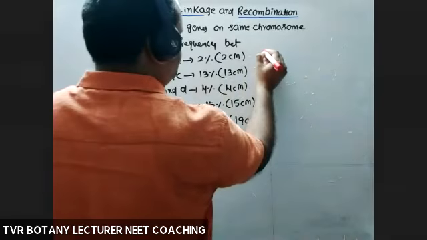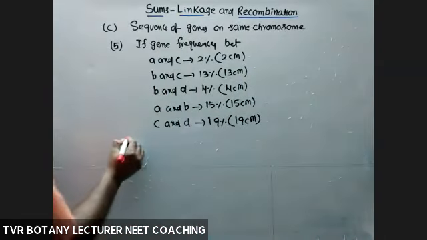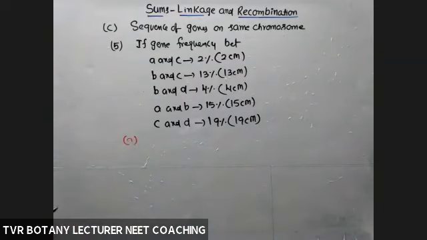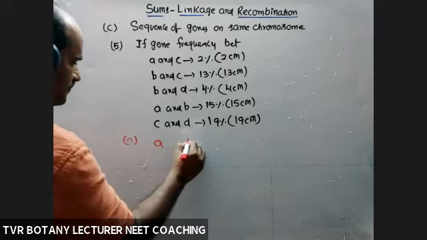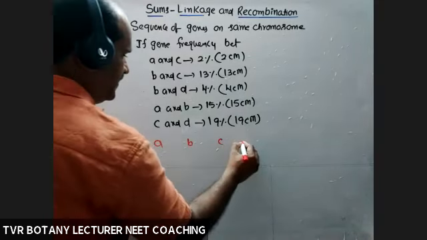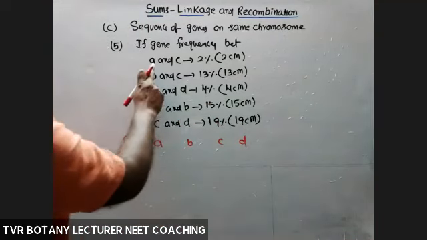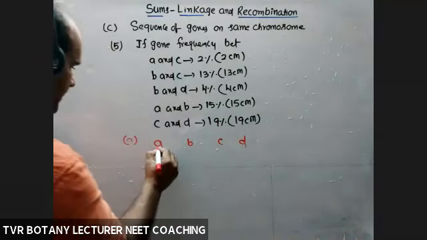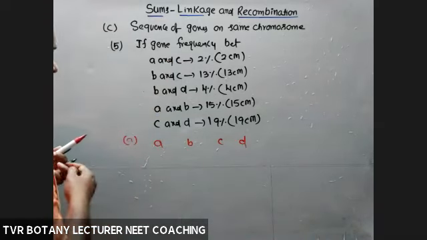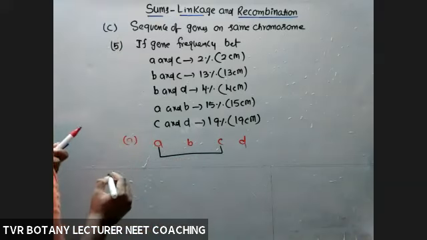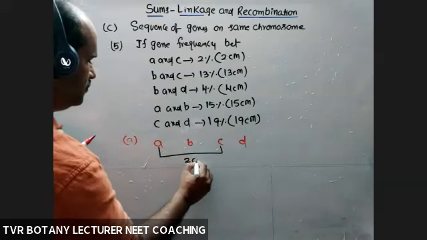First option, the correct sequence is A, B, C, D. So what about the distance between A and C in the given sequence? A and C, 2 centimorgan.